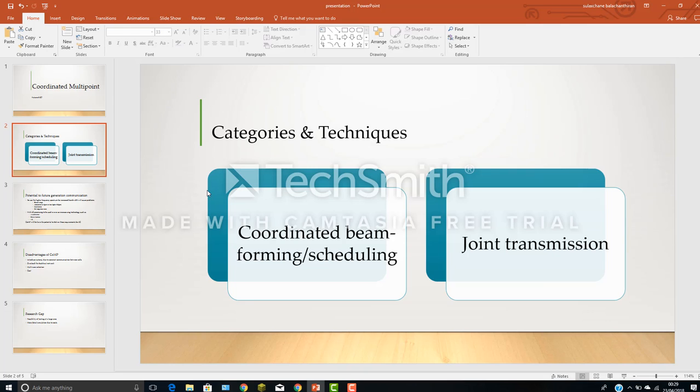And coordinated beamforming and scheduling is when the cells cooperate and work out where and when to coordinate their signals to send to the user equipment.